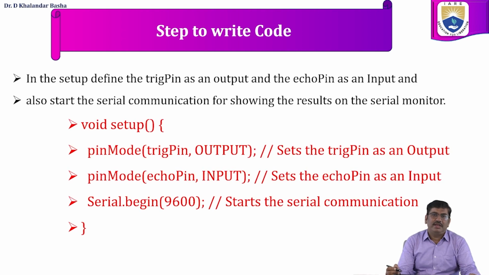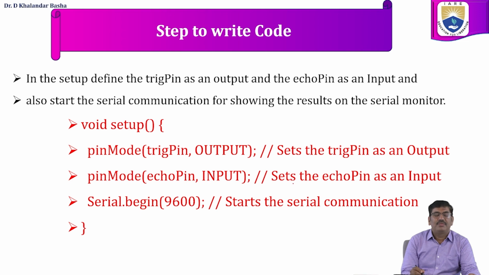So in an Arduino sketch, we are going to have two functions. One is setup, another one is loop. The setup is for configuring the pins as well as the serial port. So in the setup, define the trigger pin as an output and the echo pin as an input, and also start the serial communication for showing the results on the serial monitor.